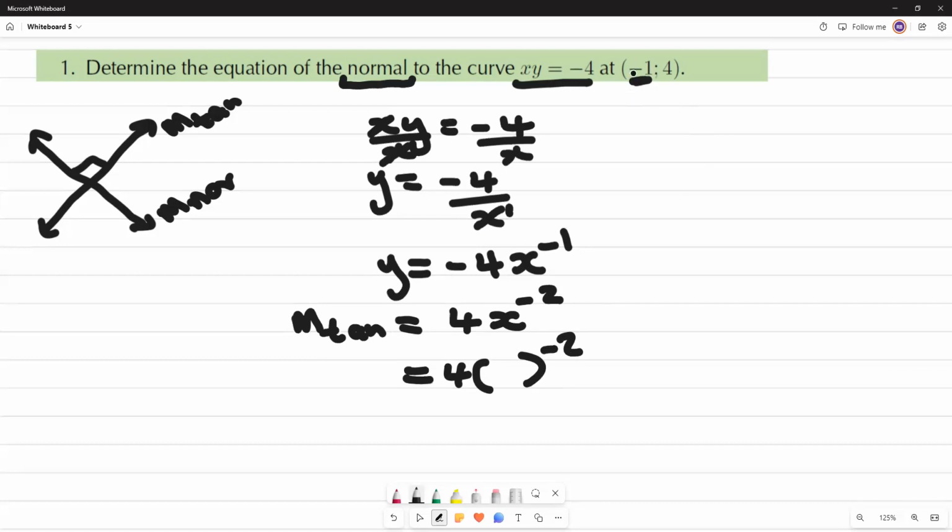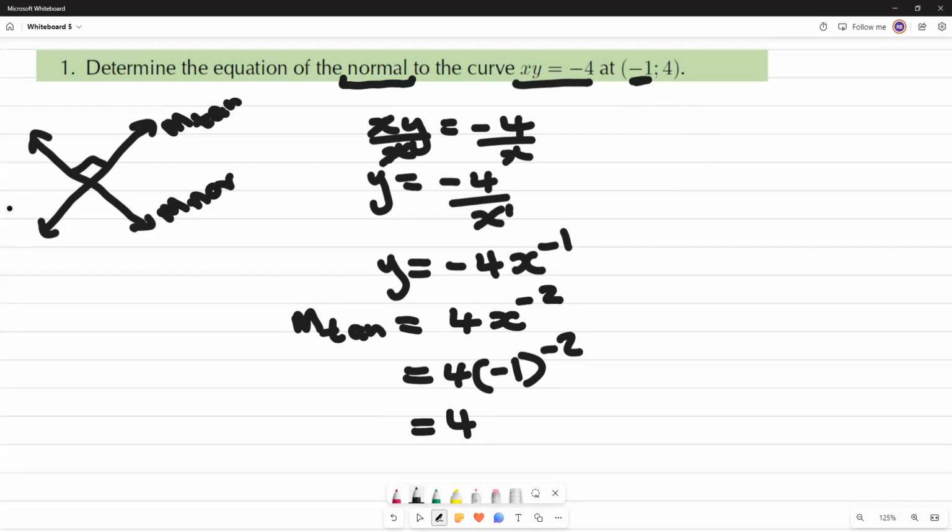So you're going to take that -1 and put it here. Now let's see what that gives us. It gives us 4. So the gradient of the tangent is 4.